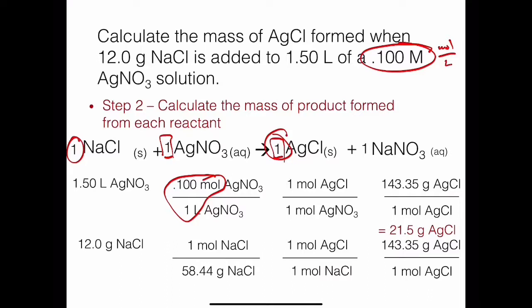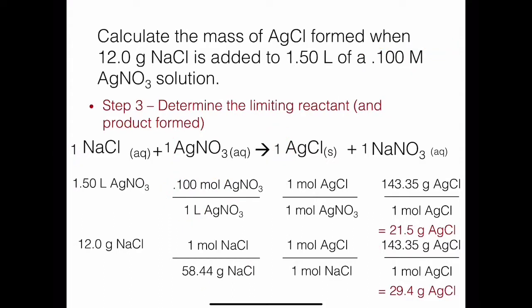This time, I have 12 and 143.35 on top and 58.44 on the bottom. So I'm going to be multiplying 12 by 143.35 and dividing that by 58.44. And what I get here is 29.4 grams of silver chloride.